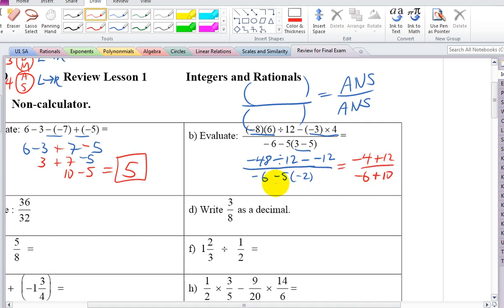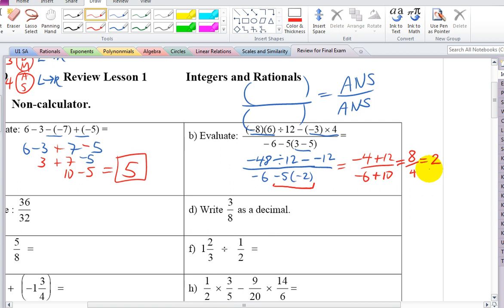So here I multiplied these two negatives together to get a positive. On the top I will get 8. On the bottom I will get 4. Final answer 2. How many people got 2 as a final answer?